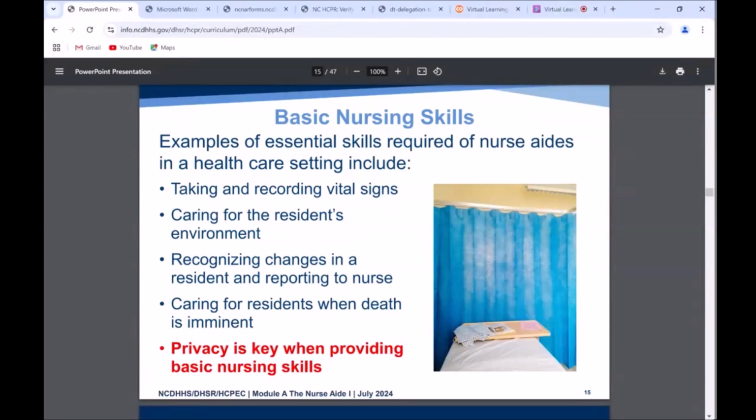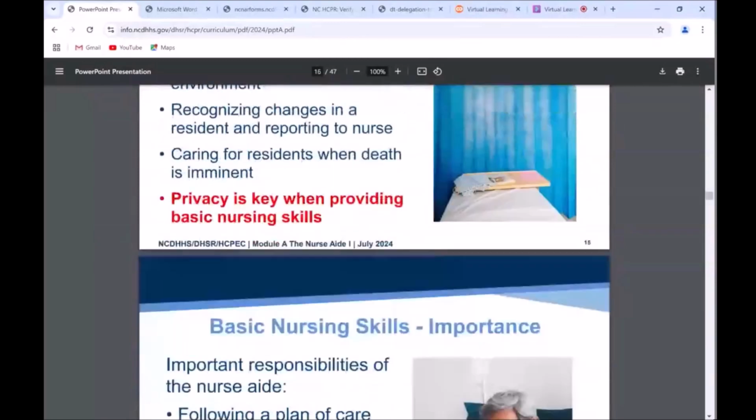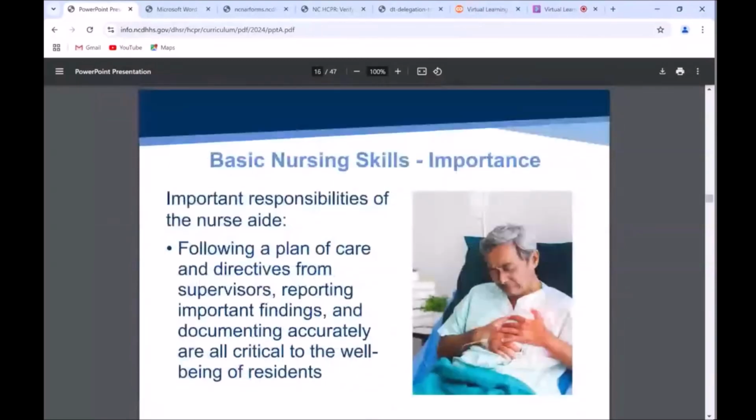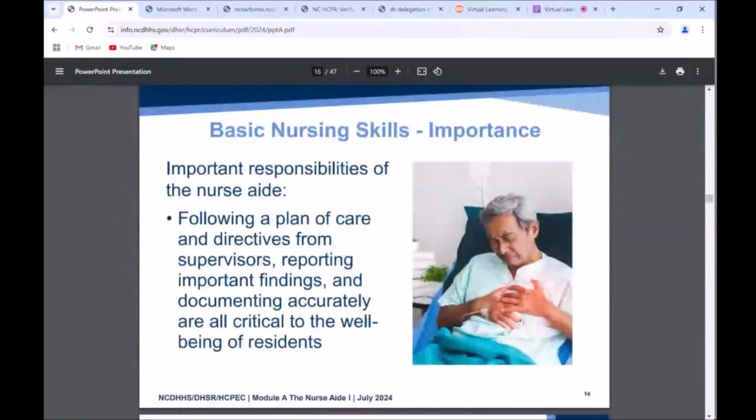Privacy is going to be key when you provide these basic nursing tasks. These are important for all patients. It follows an interdisciplinary care plan, and it follows directives from supervisors, and reporting important findings are critical to the well-being of your resident.